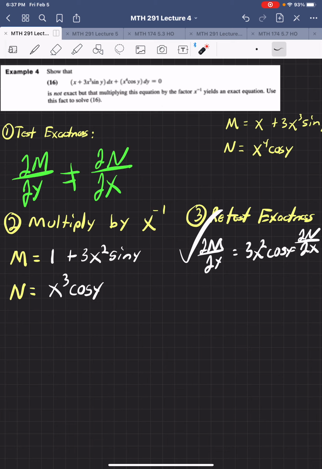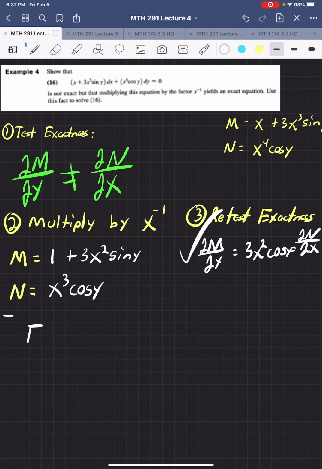In fact, if I recall, the remainder of the lectures in this chapter are all about manipulating equations to get to a form that we know how to solve, to either use the linear techniques or the exact techniques, etc. So let me go ahead and finish this very quickly.